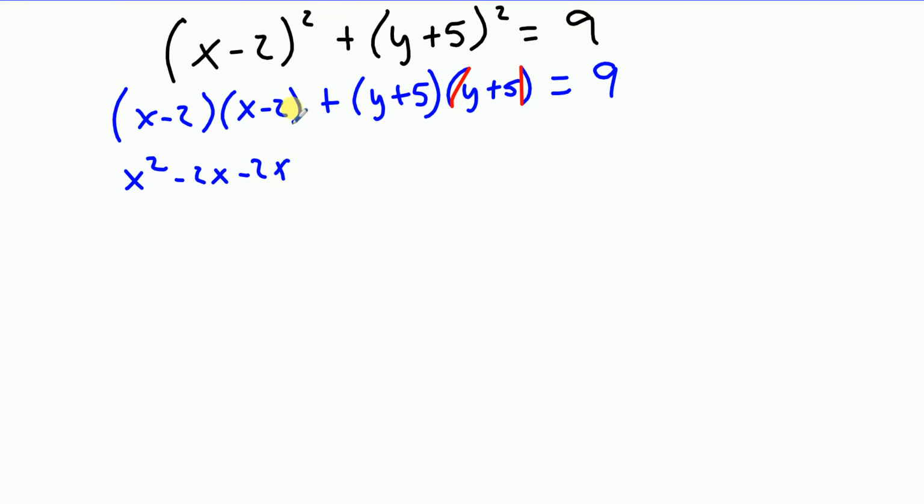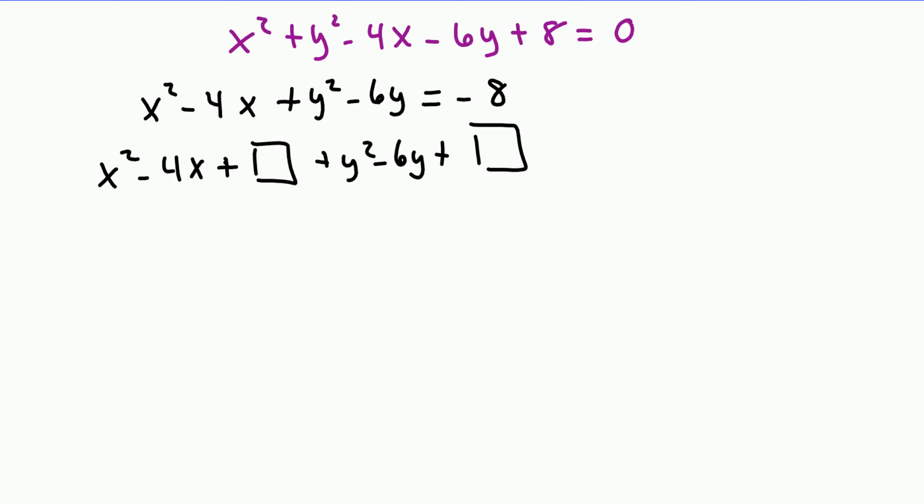When we did completing the square with a quadratic equation, we only did one box. So here, we're doing completing the square 2 times at one time. And because I added 2 boxes to this side of the equation, I have to do that to this side also.